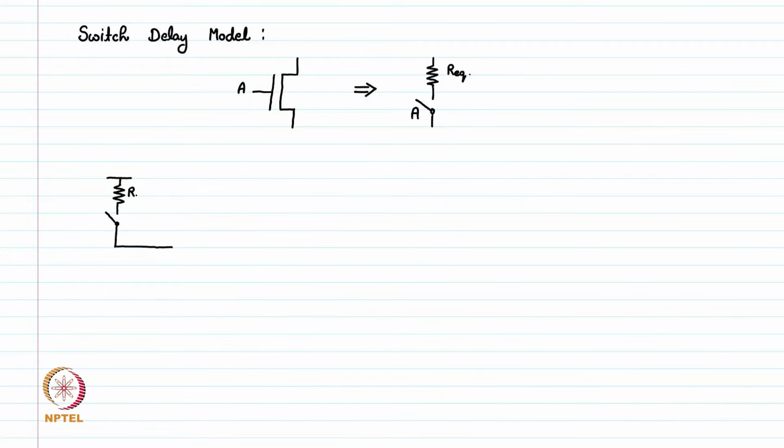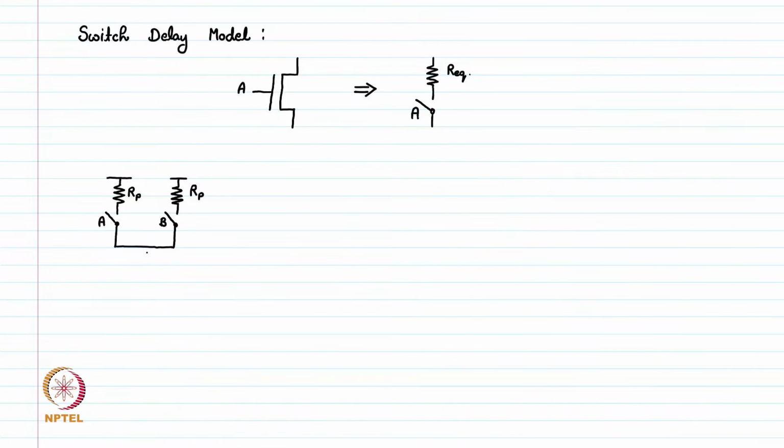This is RP, the resistance of the PMOS, and this ideal switch is dependent on signal A. Similarly, the other MOSFET is a PMOS; assuming the width and length are the same, the resistance is also RP, and this MOSFET is dependent on the signal B.